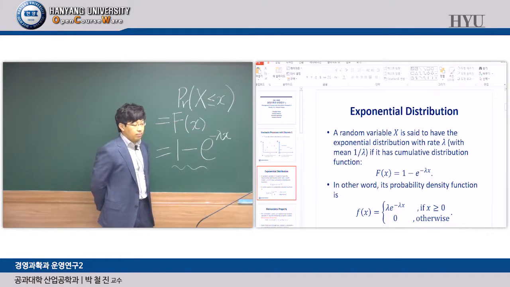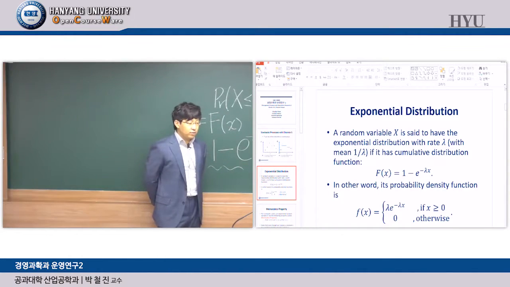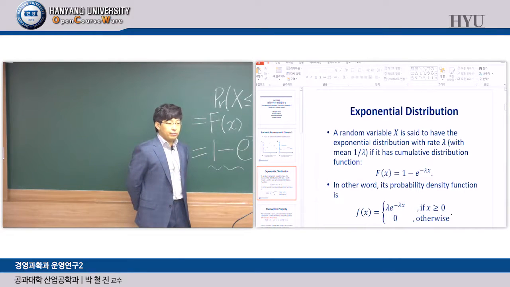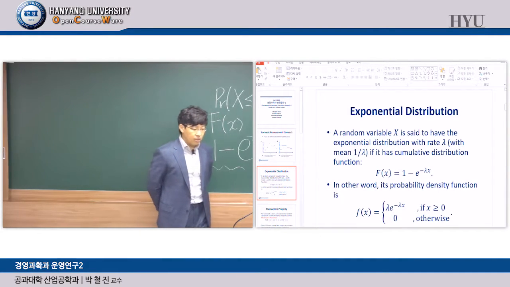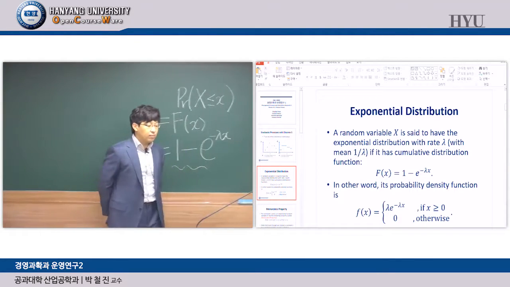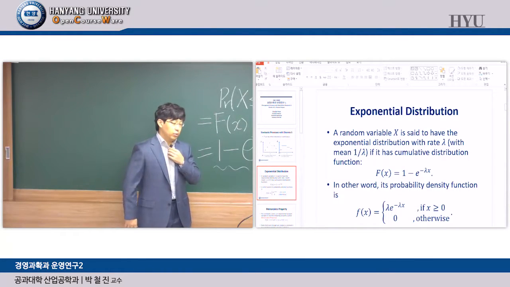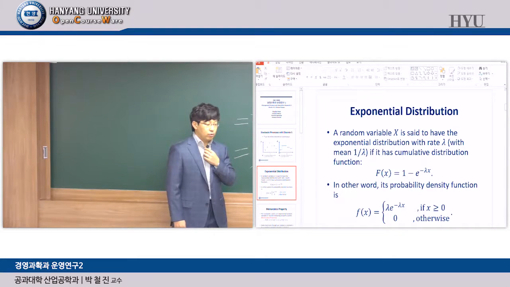Actually, this cumulative distribution function is a characteristic of the random variable. So as long as we know a certain form of the cumulative distribution function, we can name the random variable, for example, exponential random variable, and we also know the parameter, in this case, lambda.